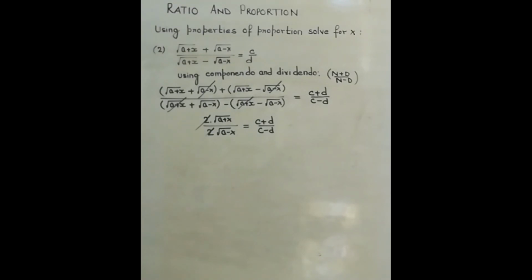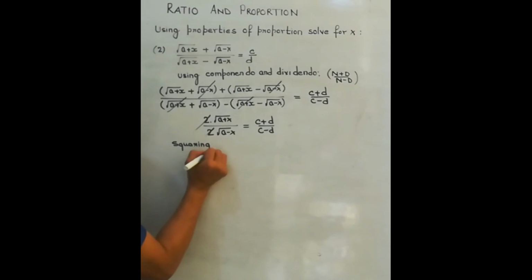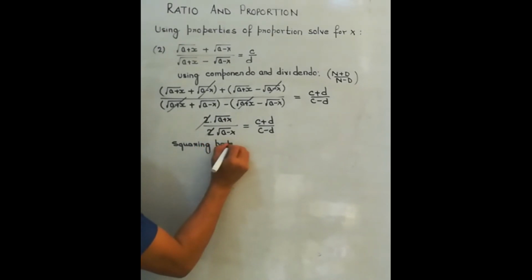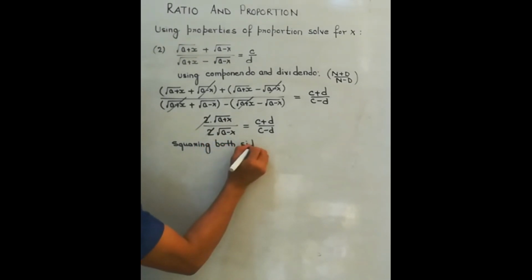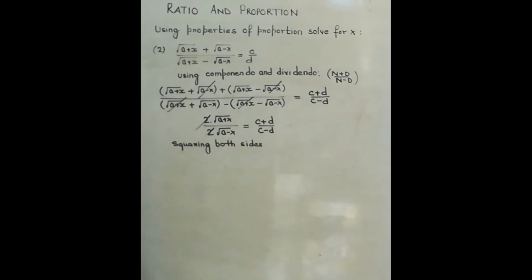Now to remove the root sign, I am going to take squaring both the sides. Now if I square both the sides to remove this root sign, what I will get on the left side?